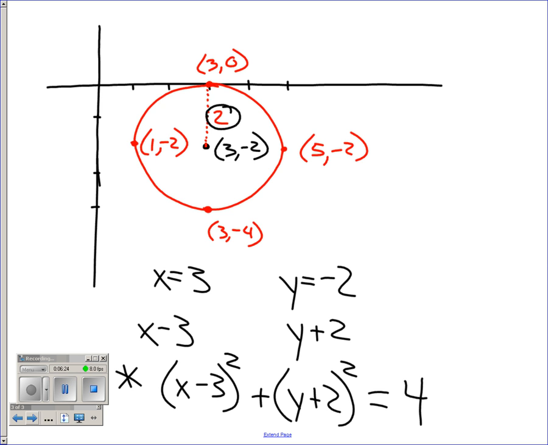Let's take a look at the general form of a circle. Now, the general form versus the standard form. General form we have for all conics, and for the general form for a circle, we have certain things that we look for. And again, this is for a circle.